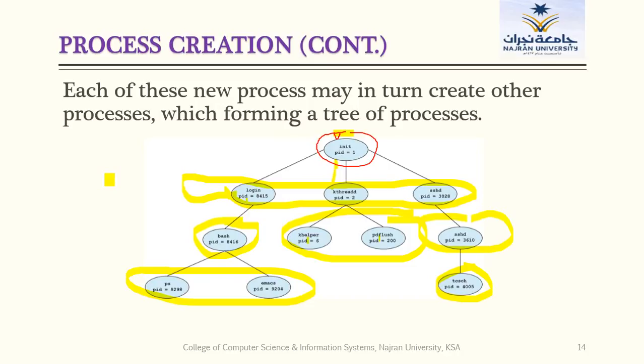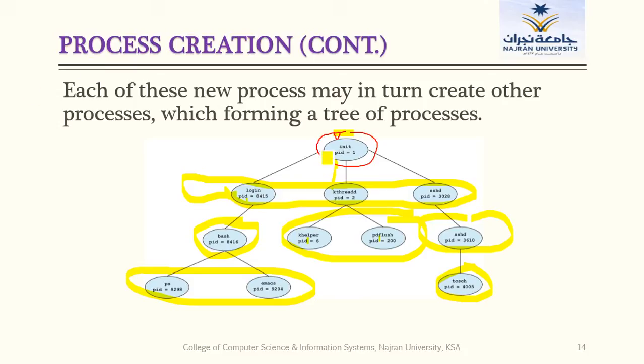Creation means to create a new process, and one process can create many other processes. Here the root created 3, and then some processes created 1, some created 2 more processes, and some 0, like the last ones that have no child. So one process can create many other processes, but the process ID must be unique.